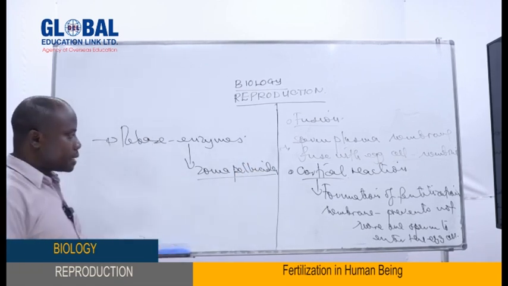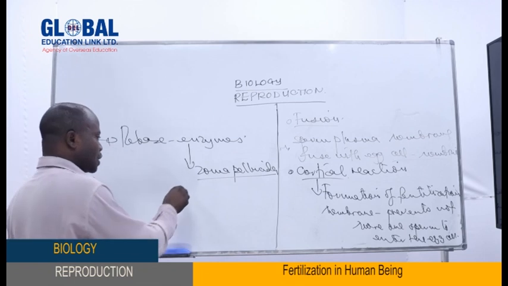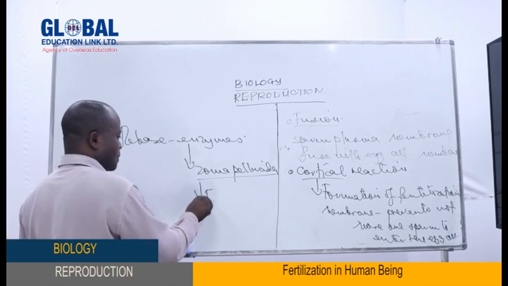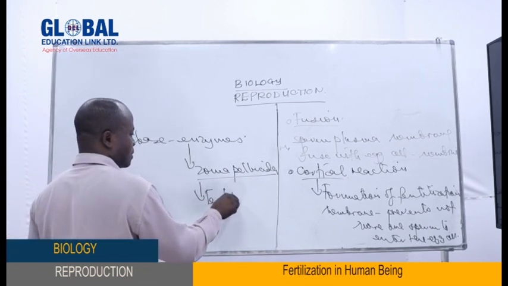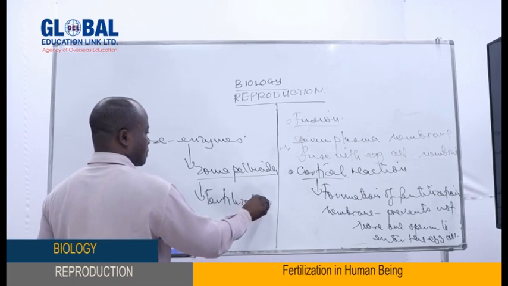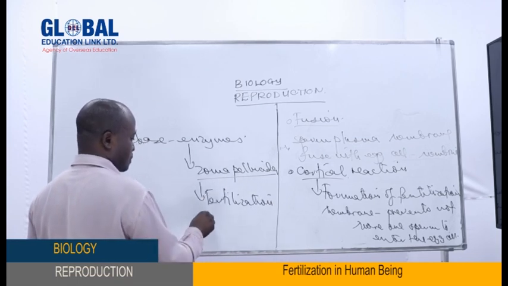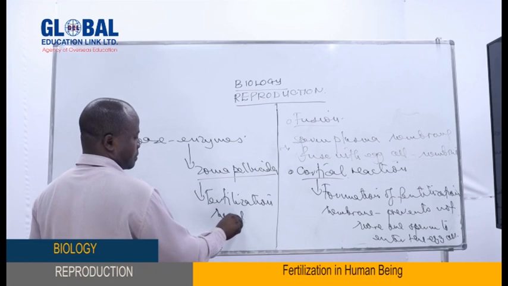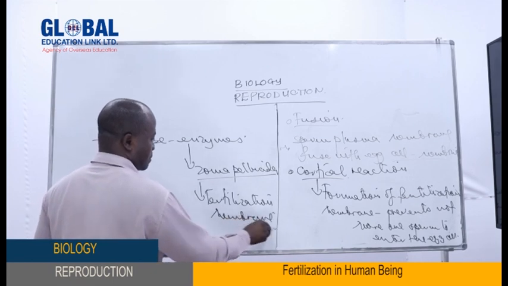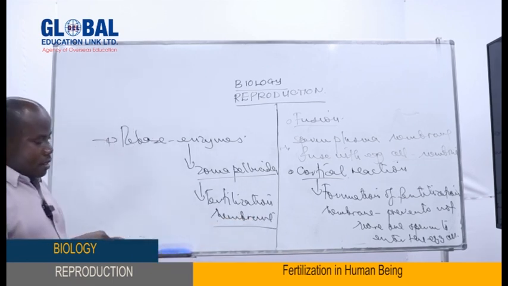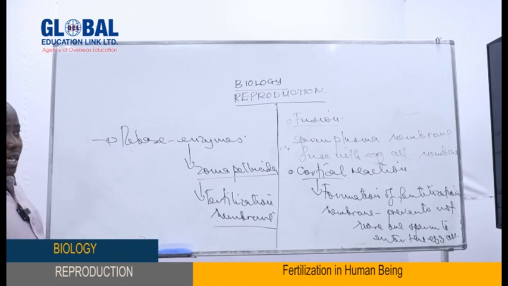The resulting structure is known as the fertilization membrane. That is the next process leading to fertilization.